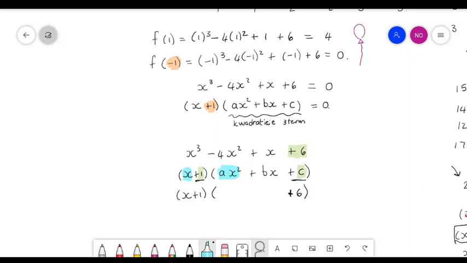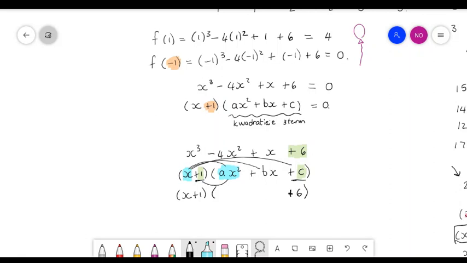Dink gou daaroor, né? Want as ek hom met hom gaan maal, gaan ek mos hê x tot die mag 3. Maar as ek hom met hom gaan maal, gaan ek hê x tot die mag 2. En as ek hom daar gaan maal, gaan ek hê x tot die mag 1. And when I multiply the 1, the highest order it can have is x to the power of 2. So it can't go to x to the power of 3.